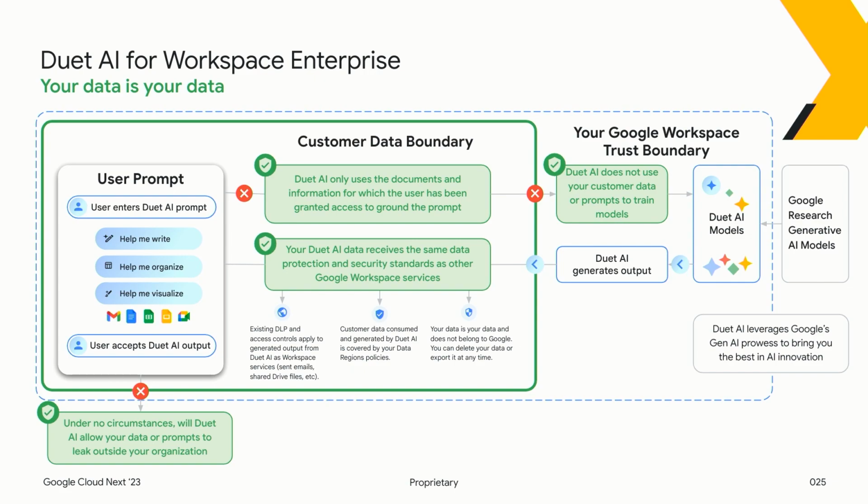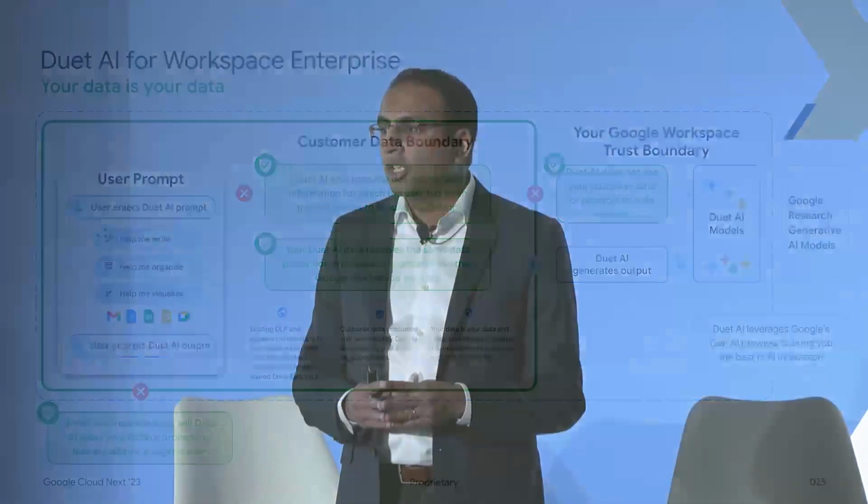All of this essentially means that you're getting a highly private, secure, and compliant experience to leverage the best in generative artificial intelligence through Duet AI and turbocharge your productivity. We're already working with several regulatory bodies around the world to bring the greatest and latest in certifications to Duet AI.